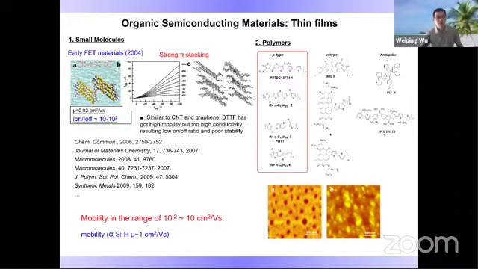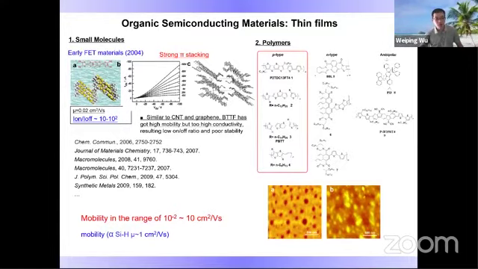The one on the upper left of this slide is showing a bio-TTF, which is a classical charge transfer salt small molecule. We have redesigned this molecule and extended its pi structure, and we found a very high mobility, which indicates strong pi-pi stacking inside the molecule from the single crystalline packing.